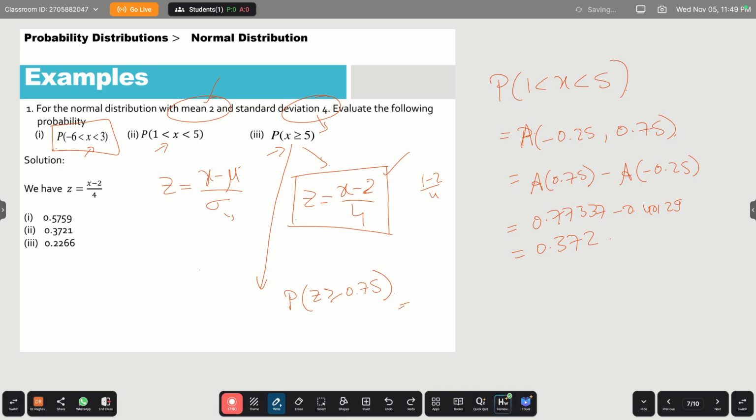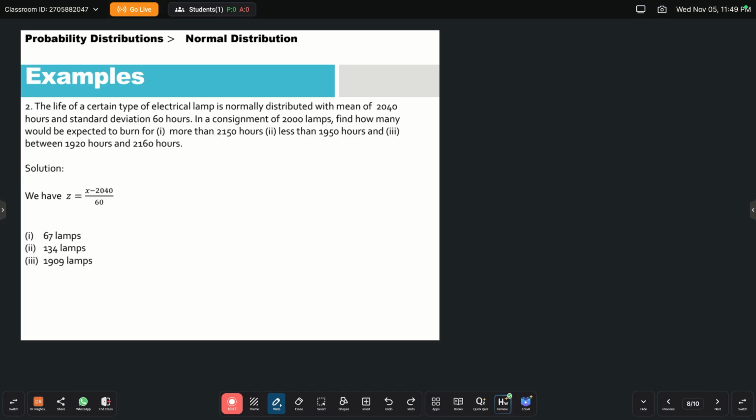So this is the area after 0.75, which is 1 minus the area of 0.75, that is 1 minus 0.77737, which gives 0.2266. I hope you have understood how to find the probabilities with the help of the table. Now you can solve any problem if you know the mean and standard deviation.